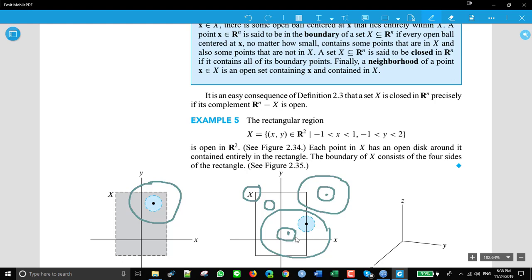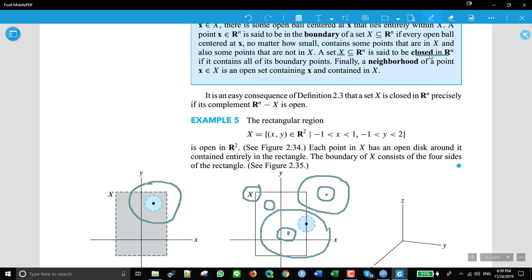If I draw this ball around here, then all the points in here are in X. So this point is not a boundary point, or not on the boundary. Okay, so now we have a definition for what we mean by a boundary point.